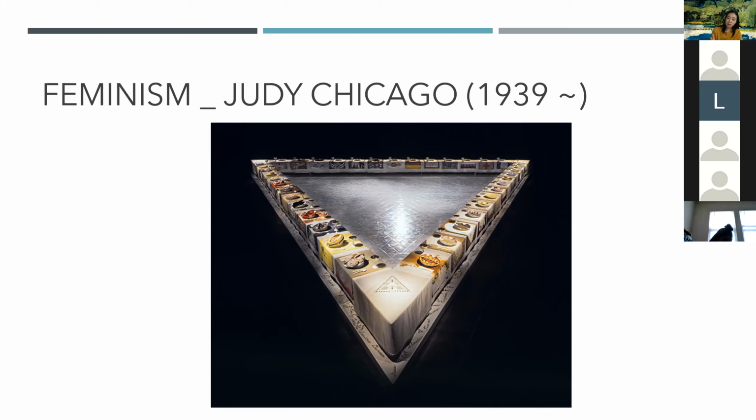Arranged around the triangular table are 39 place settings, each one created in honor of influential women, such as the Egyptian ruler Hatshepsut and the novelist Virginia Woolf.